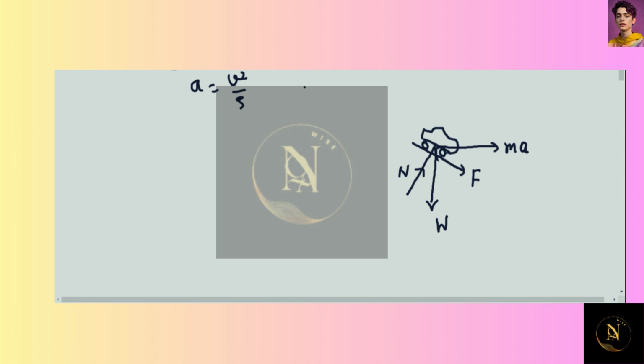Taking this to be x-axis and this we will consider y-axis. Summation of forces along x-axis, if we take the friction force plus component of weight in the direction of x, we will get this angle, theta.